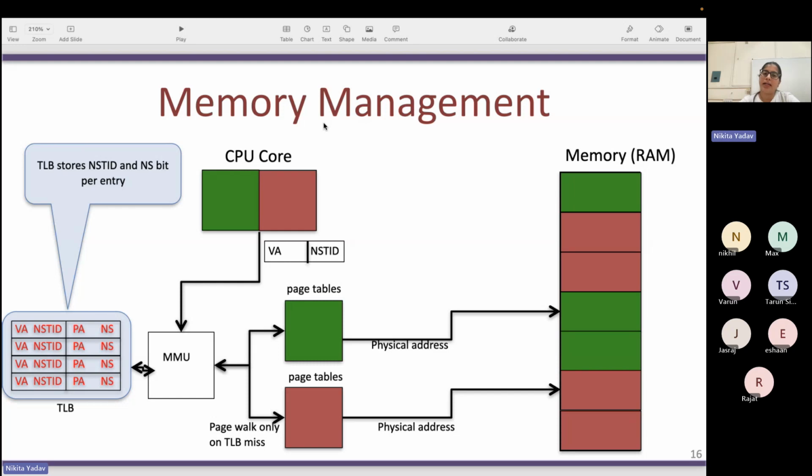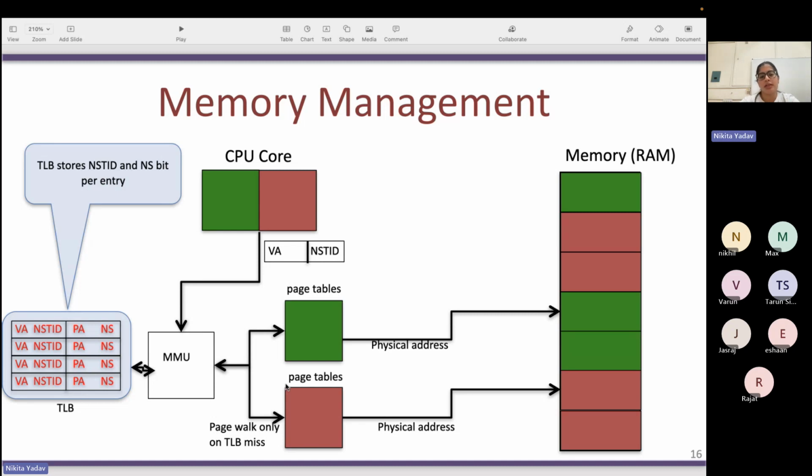And along with that, this NS bit information is also stored in other hardware structures, such as the translation look-aside buffer. What is a TLB? A TLB is a hardware structure which is basically used to cache the virtual address to physical address mapping.